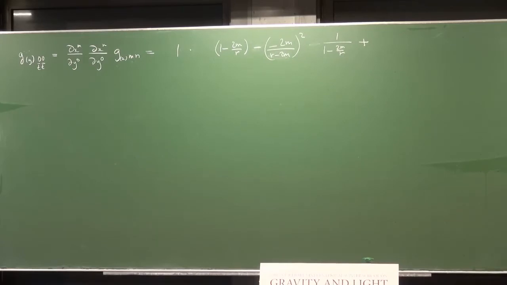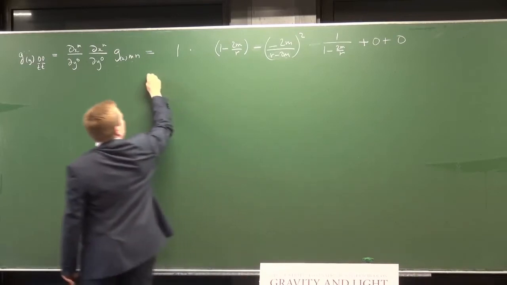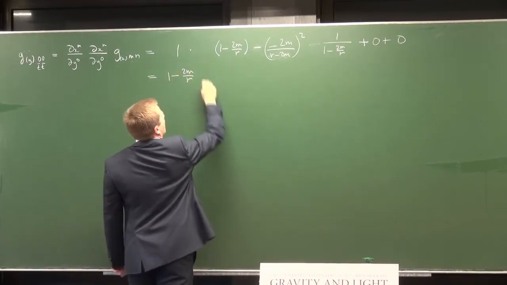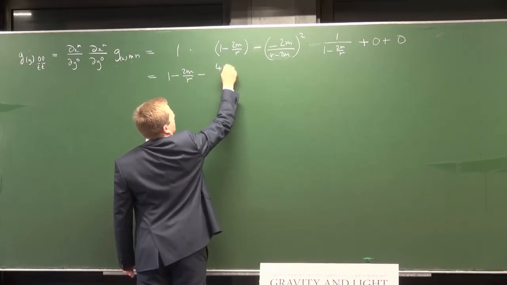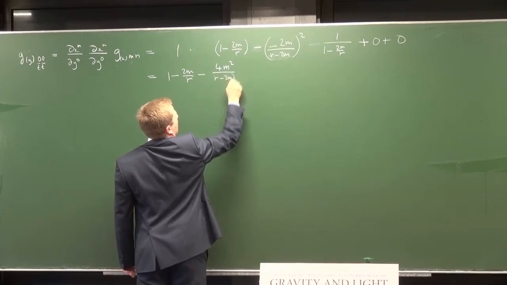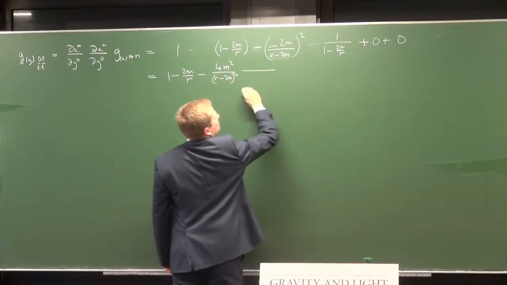So there's nothing more. Plus 0 is the full summation convention, yields 1 minus 2m over r minus 4m squared divided by r minus 2m squared times, and I expand this one by r.